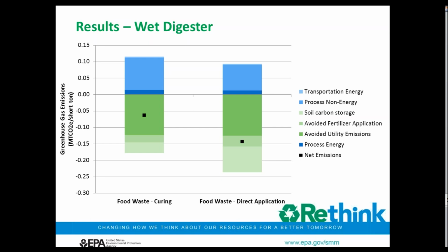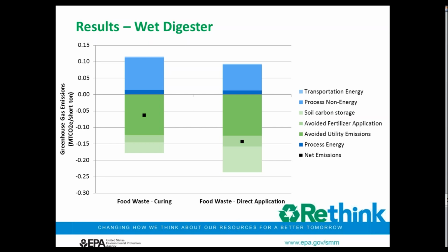So just going through the results here, the black square represents the net emissions. So when you account for all sources of emissions and all avoided emissions, that's the net result that comes out of it. The blue bars at the top above the x-axis show sources of emissions, so positive emissions, and the green boxes show avoided emissions from the different processes.